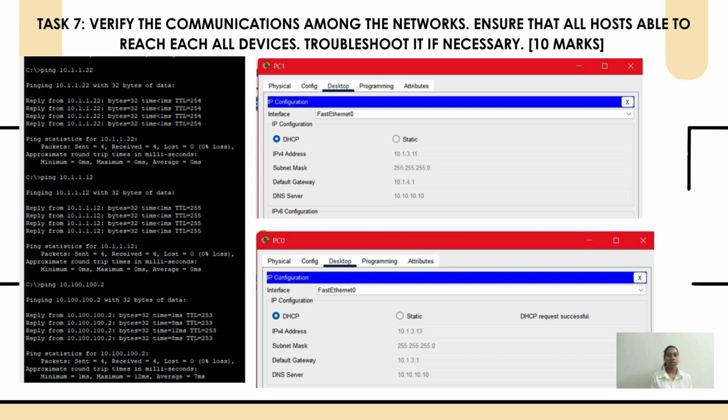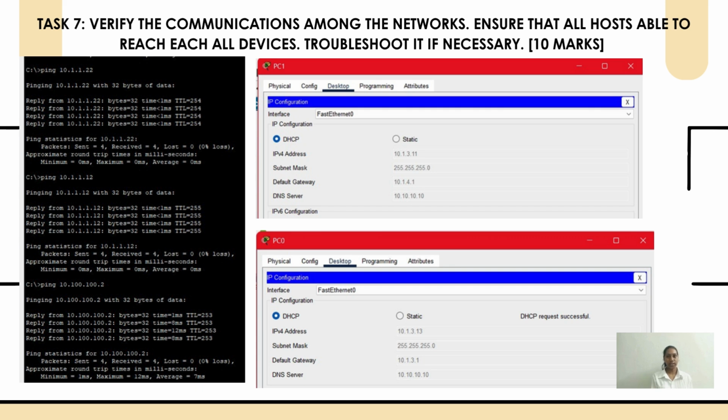Similarly, the PC's DHCP-obtained configuration shows a valid IP address, which is 10.1.3.3, the correct subnet, the default gateway, which is 10.1.3.1, and the specified DNS server, confirming our DHCP setup is working.